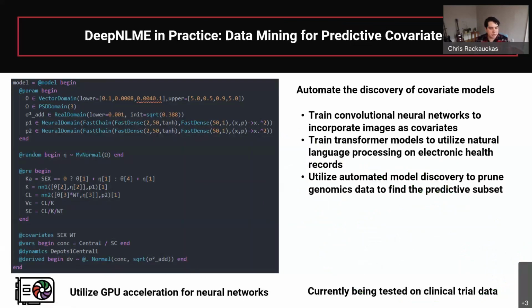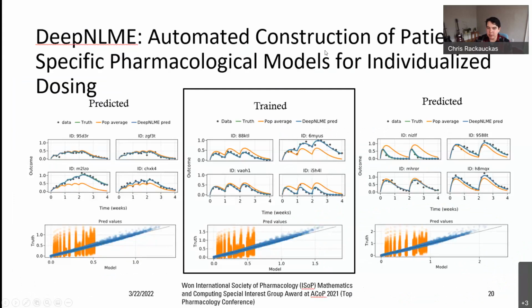And so we've actually gotten this pretty close to the clinic at this point, right? Here's actual code where you can specify that your parameters are from a neural domain, and I can define these pre-functions with neural networks. If you want to learn more details on the nonlinear mixed effects case, you can search for Deep NLME.